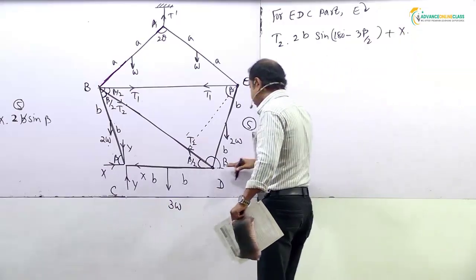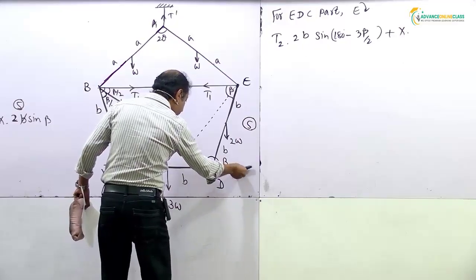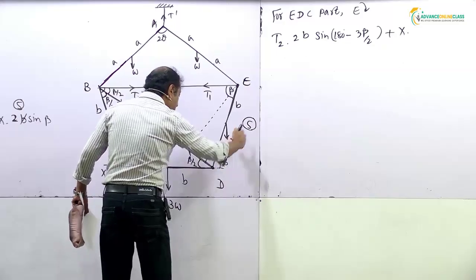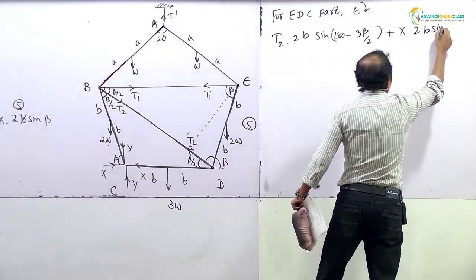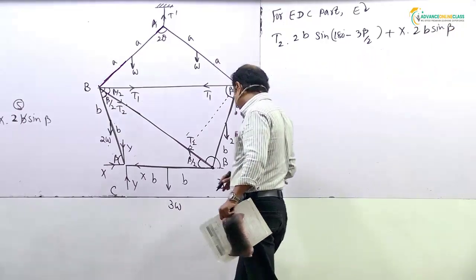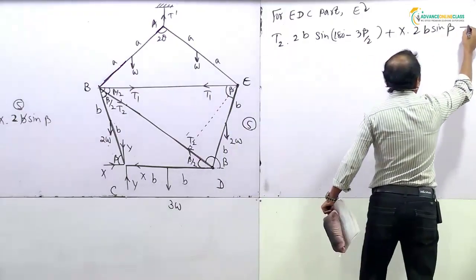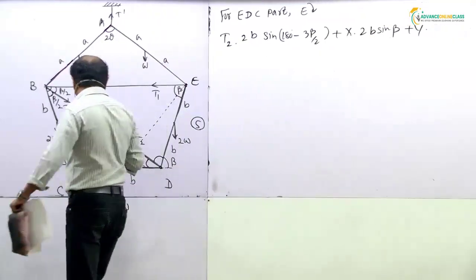And X also, this way. What is the distance to that? This is the line of action of X. The perpendicular distance from E is 2b sine beta. Y also gives an anti-clockwise moment. Y into what is the length we need?